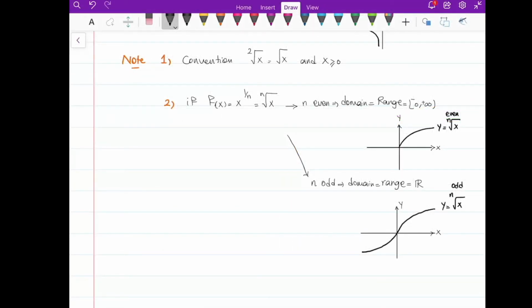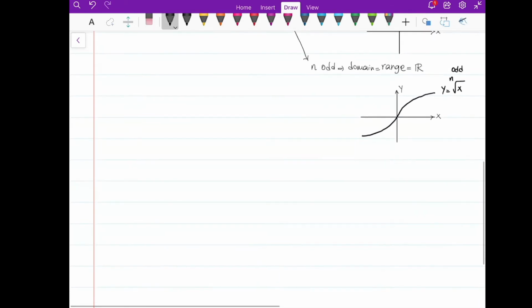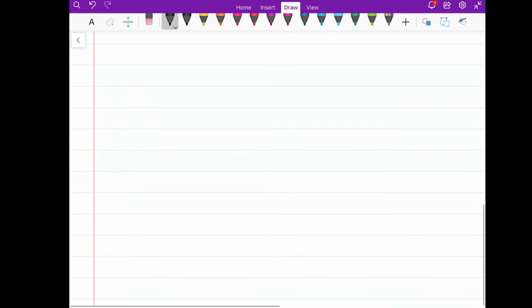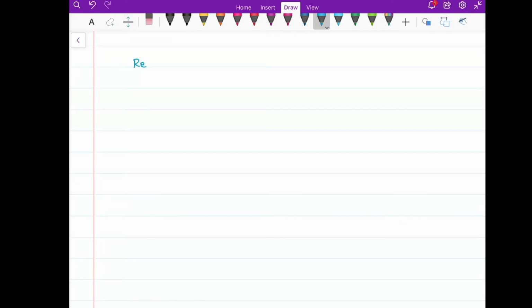Okay, so now we see that. I just want to give you a very small recall. Most of you probably remember it, but I just wanted to go over it. A recall is that if you consider the quadratic equation ax squared plus bx plus c equals 0, then the solution of that is equal to what?